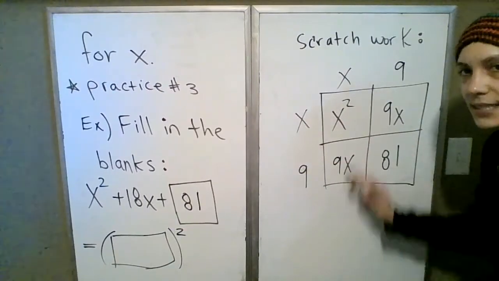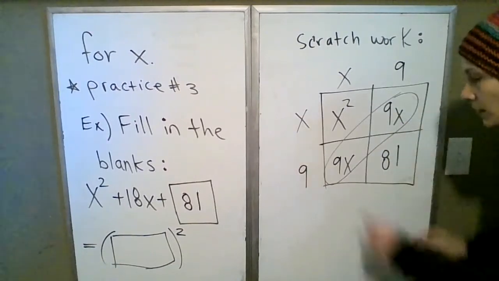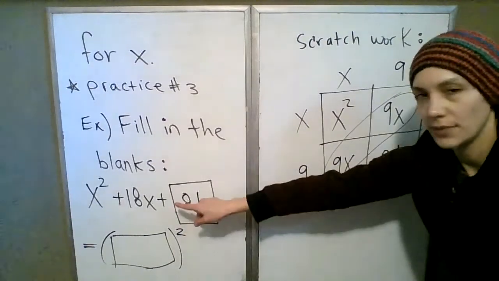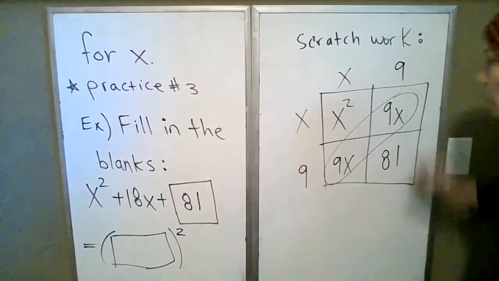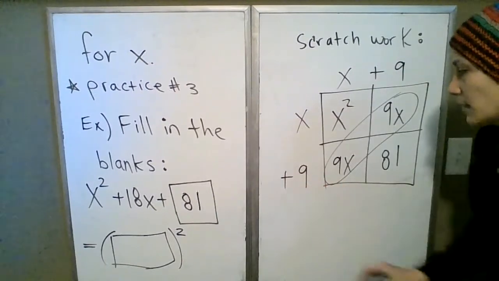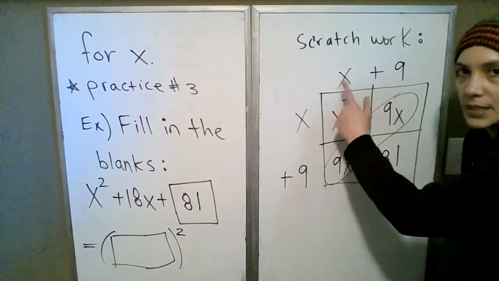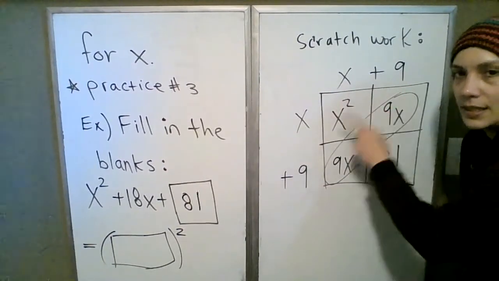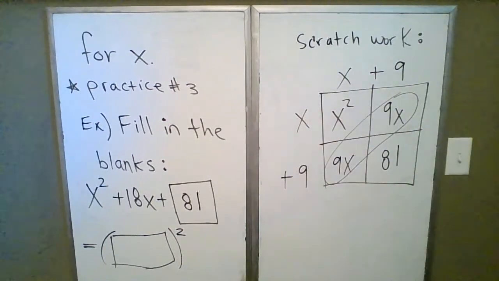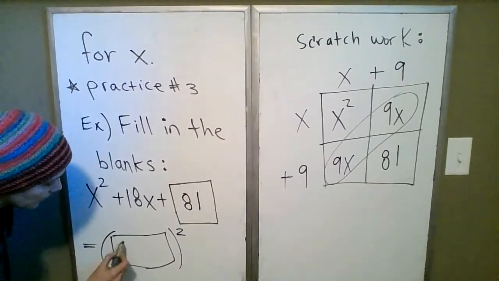Then we add these terms. This would be a positive 18x. I do have a positive 18x. So I want this to be positive 9. So x plus 9 times x plus 9 is x squared plus 18x plus 81. We make it x plus 9 squared.